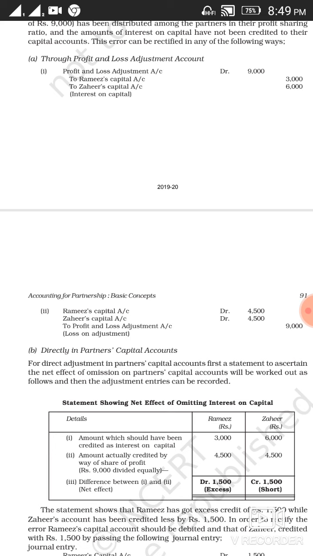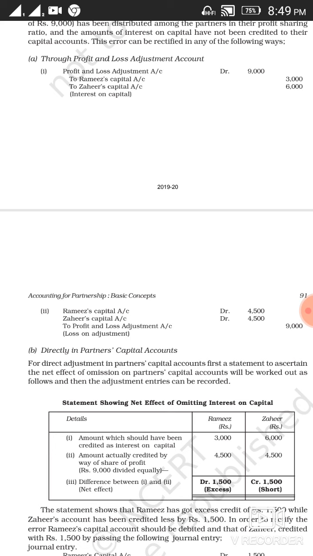Then second, Zahir's capital is to be credited by 6,000, whereas Zahir's capital is to be debited by 4,500. It means the credit side exceeds by 1,500. How? The credit of Zahir's capital is 6,000, whereas the debit is 4,500. So on comparing these two figures, you can make out that Zahir's capital is to be credited by 1,500.